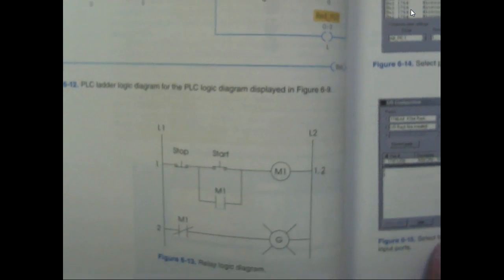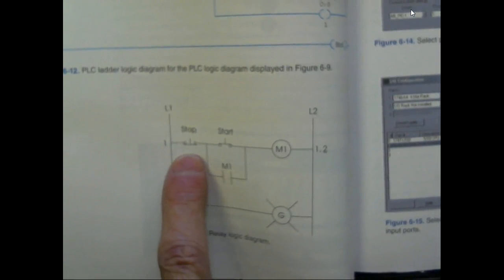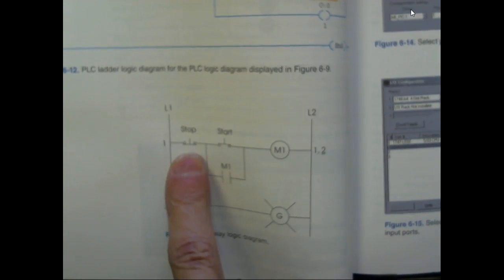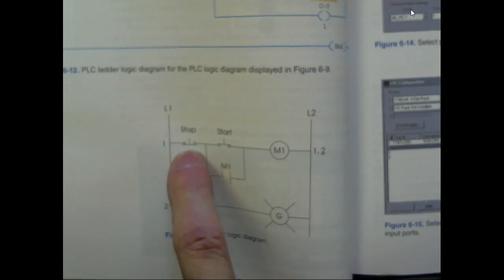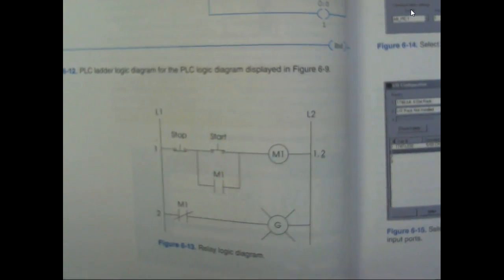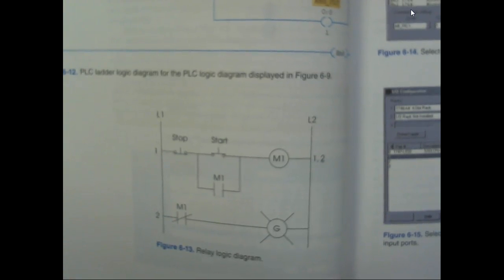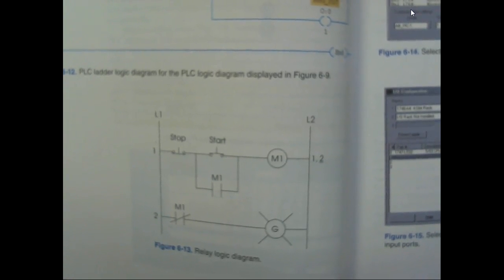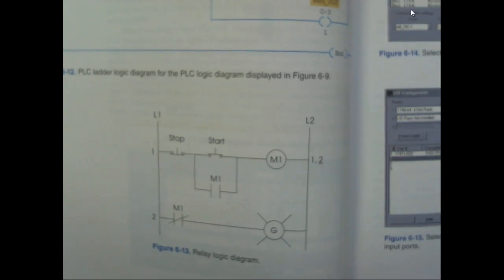So this is the circuit they're showing us right here. Now this is a normally closed stop button, right? Now why do we like to use normally closed for stop buttons?